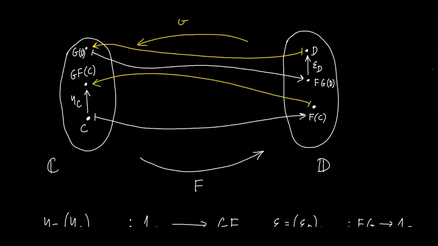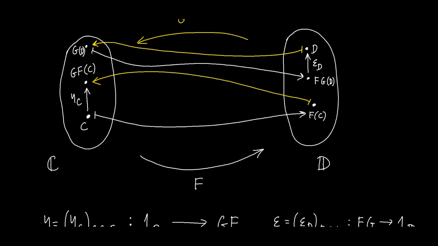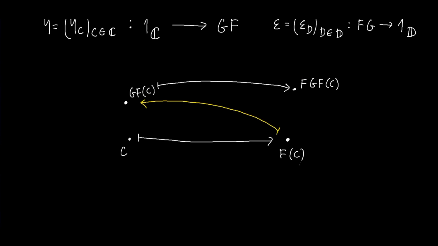And remember, the epsilon morphism is directed into my starting point on the side of the D category. So here on the side of the D category, my starting point was F of C. So I took the case when D is equal to F of C. So the arrow will be directed this way.